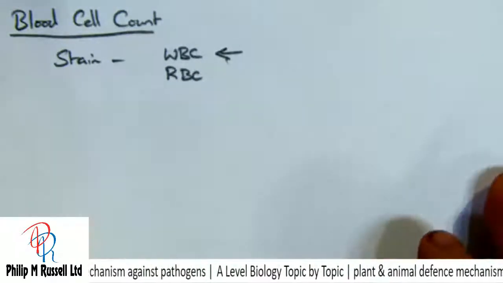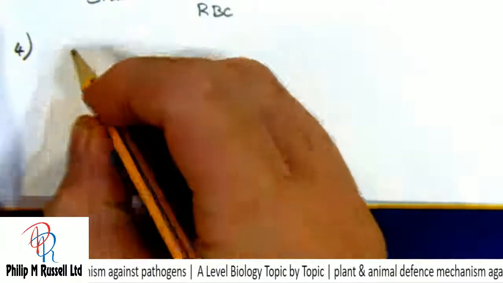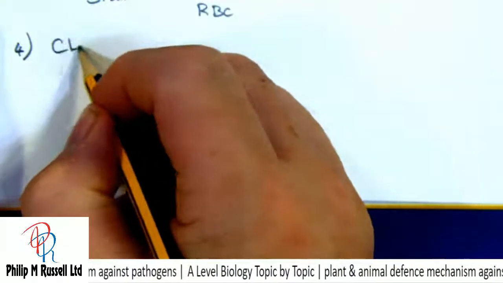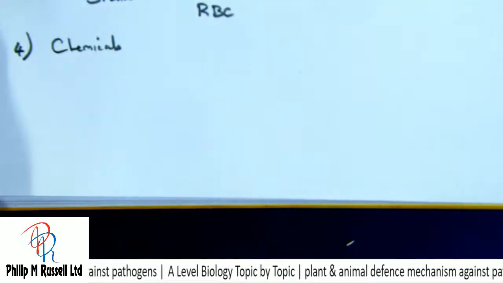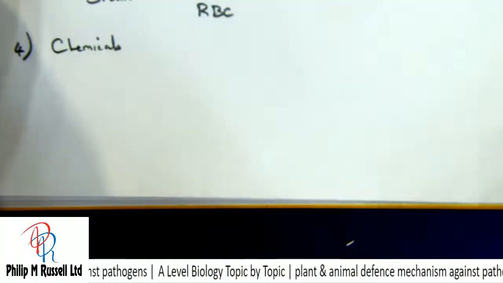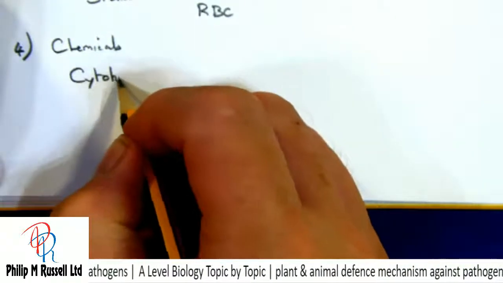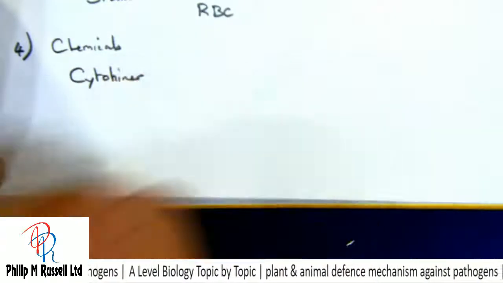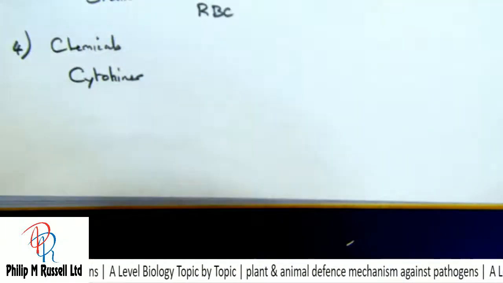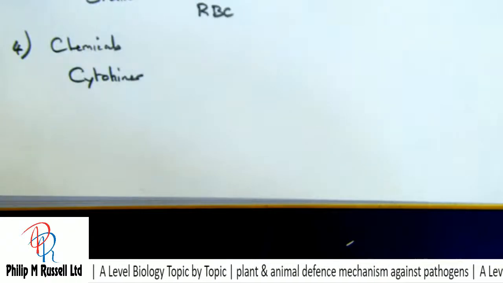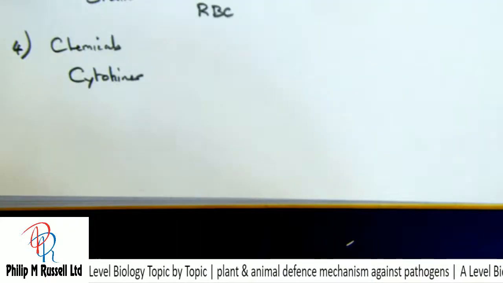And I suppose the last one, number 4, is that you can produce various different chemicals. We mentioned earlier the cytokines, which are going to attract other phagocytes to this area where we've got some sort of problem.